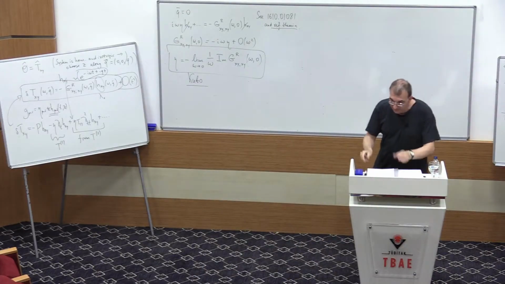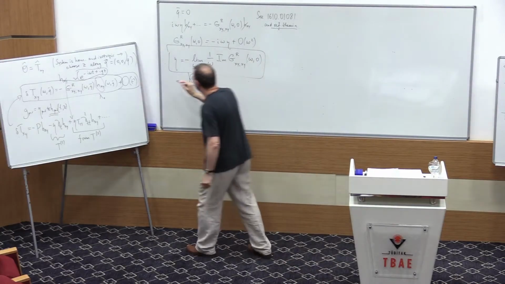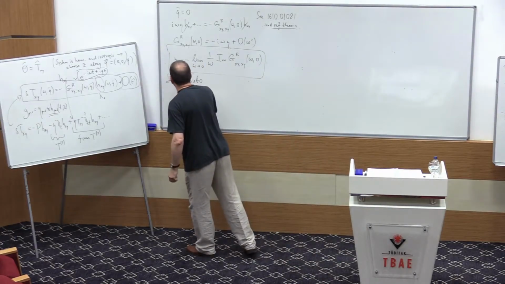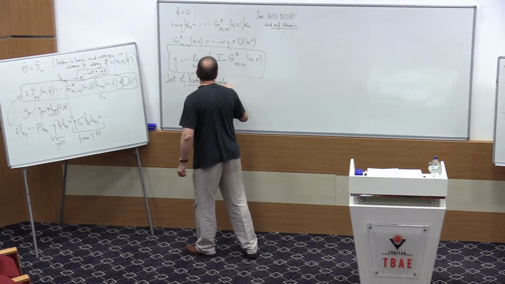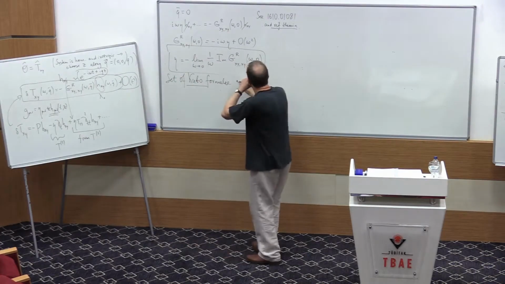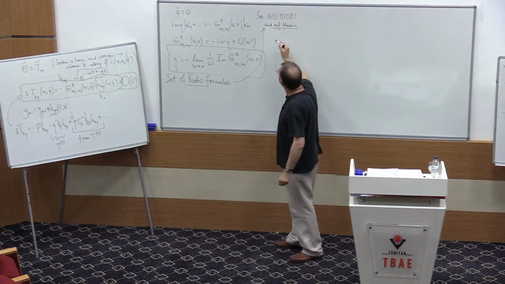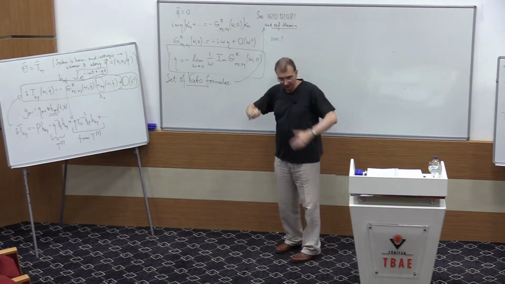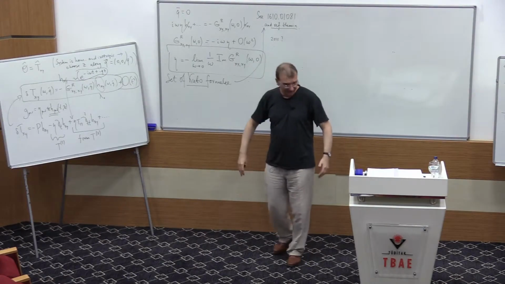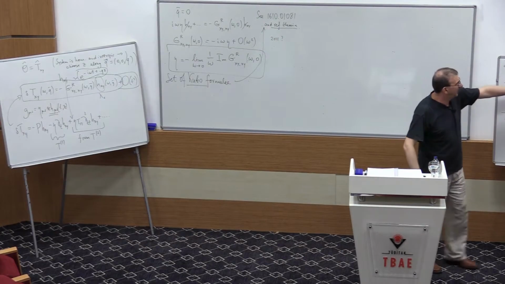so the moral of the story is that there is a set of Kubo formulas. Rather recently, I think around 2011 or so, this was generalized to transport coefficients beyond first order hydrodynamics.